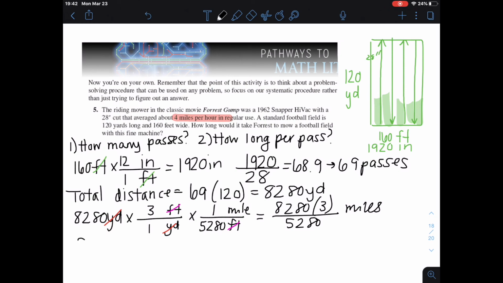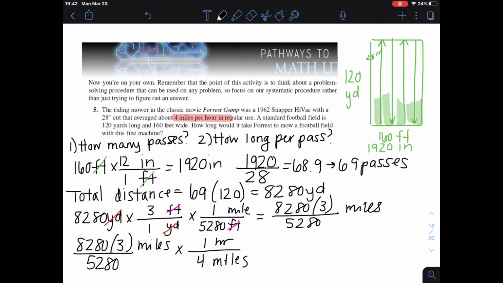So if we take this number, which is the amount of miles, and we multiply it by its rate, in 1 hour, Forrest is able to go 4 miles. By multiplying by this version of the rate, the miles are going to cancel and all you're left with is hours.